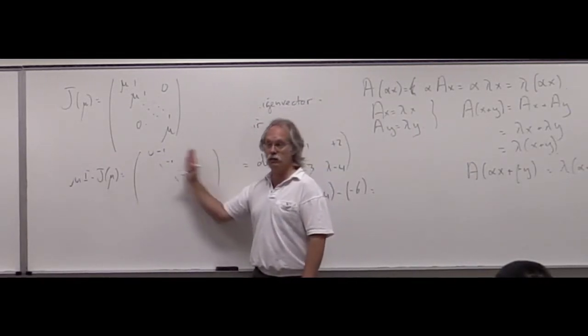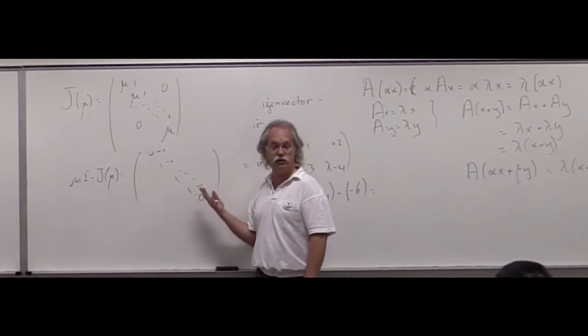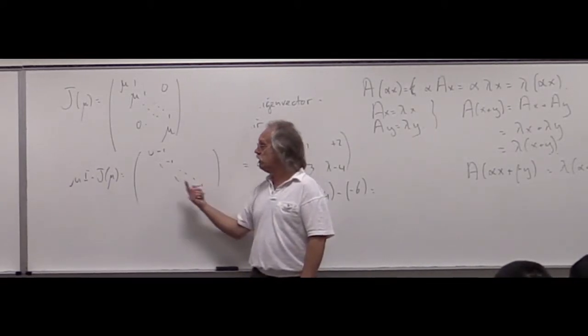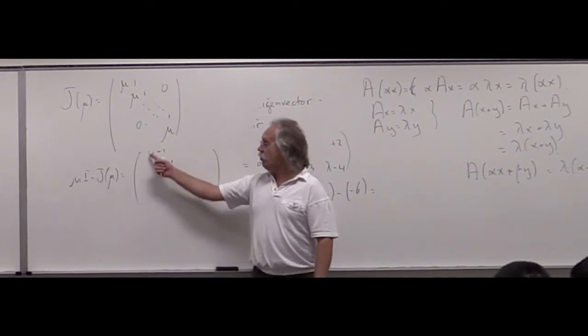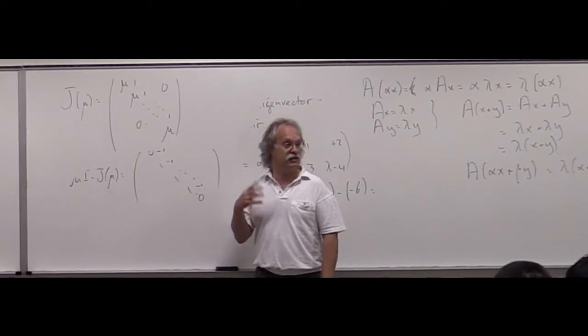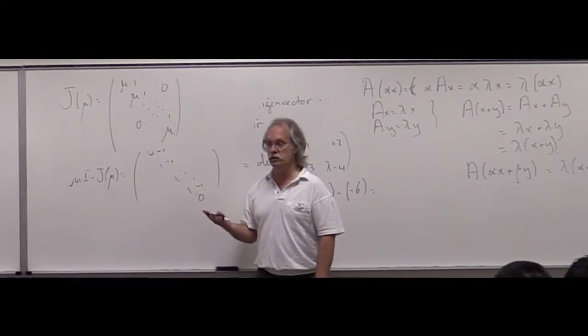You can't take linear combinations of those columns and construct a zero vector without taking coefficients of all zeros. And therefore, it only has one linearly independent vector in its null space, so the null space has dimension 1, and therefore it has geometric multiplicity 1.